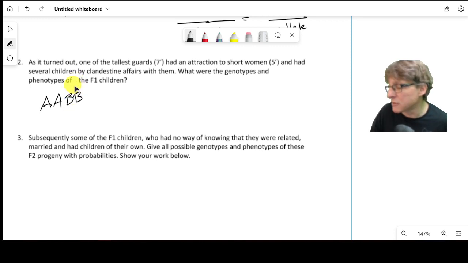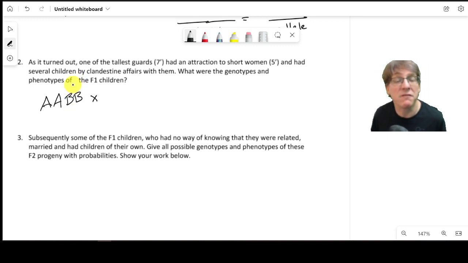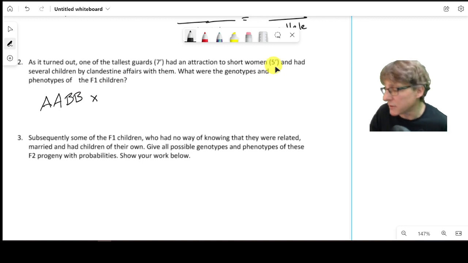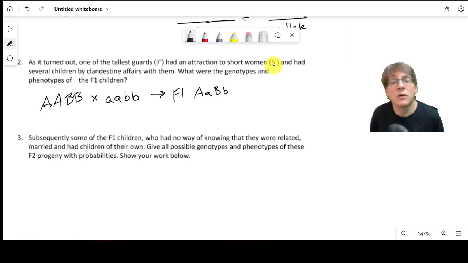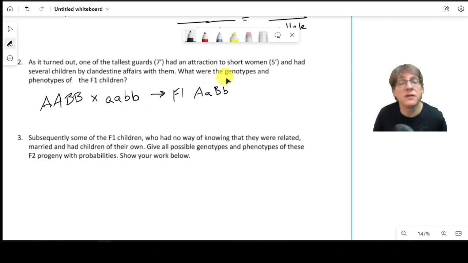He is being crossed with a female that is 5 feet, so she has no additive alleles. So her genotype is this. And so the F1 would be all heterozygotes. The question is, what are the genotypes and the phenotypes of the F1 children? All of the F1 children are going to be heterozygous for both of the genes.